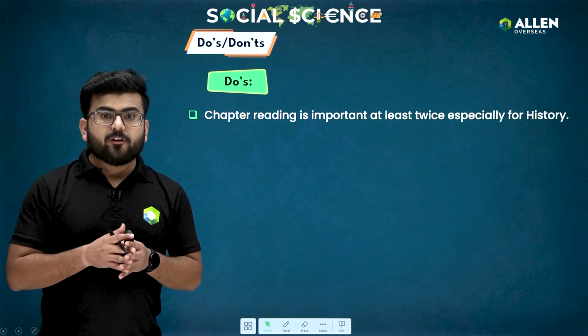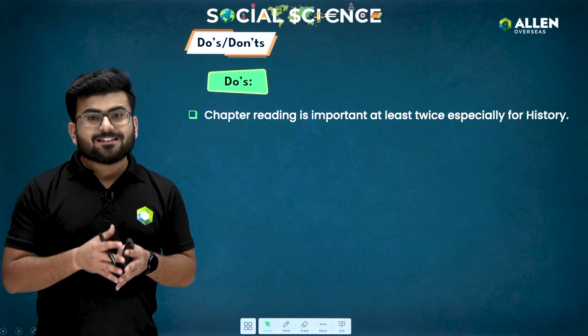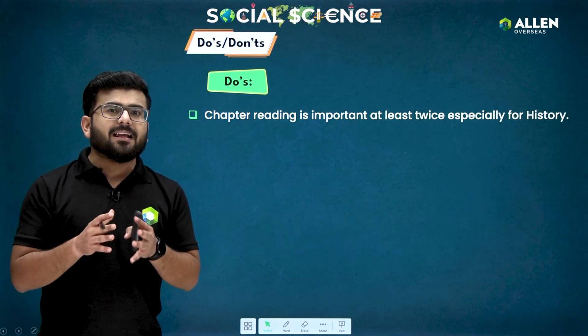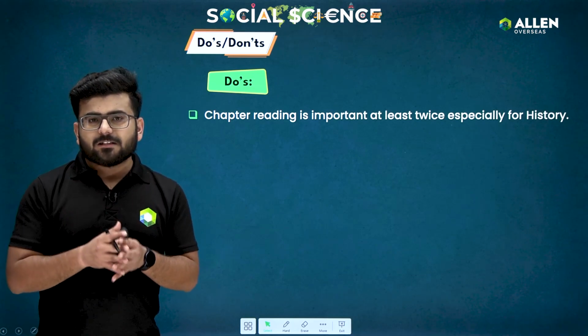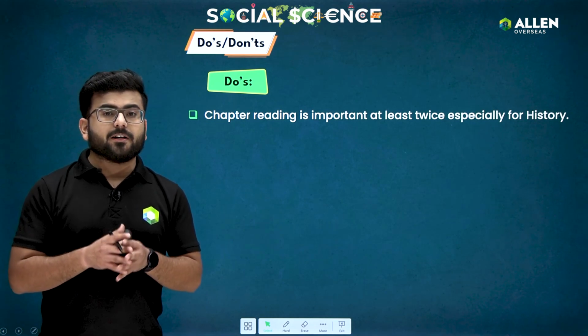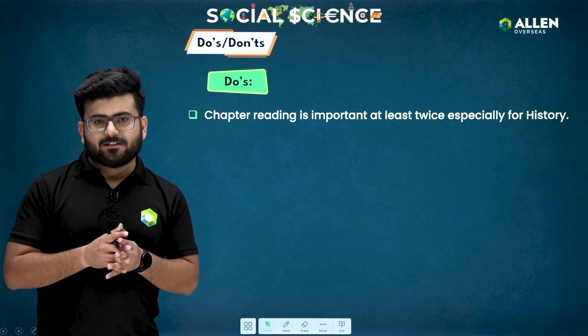For objective questions, something from deep in the chapter can be asked, and for case studies our approach can be asked. For that, chapter reading is very important, especially for history. So for lengthy chapters, it is very important to read each chapter thoroughly at least twice.